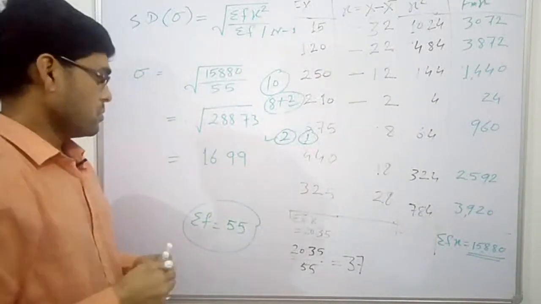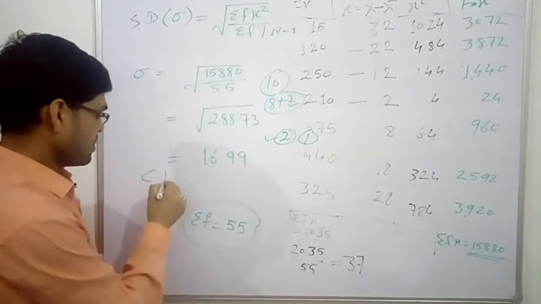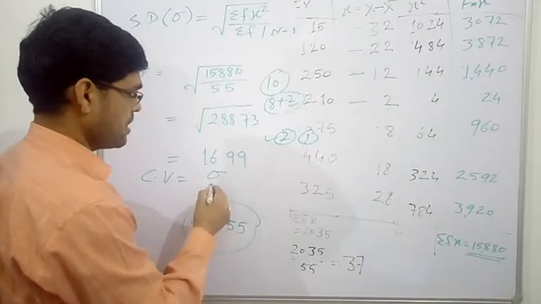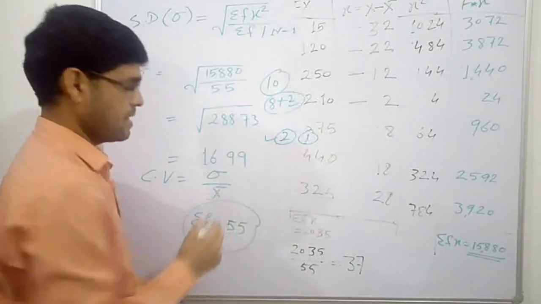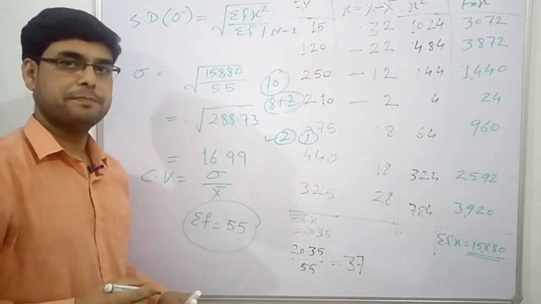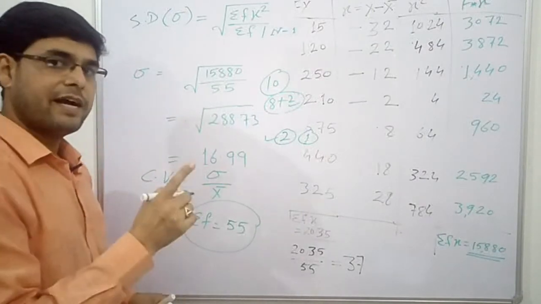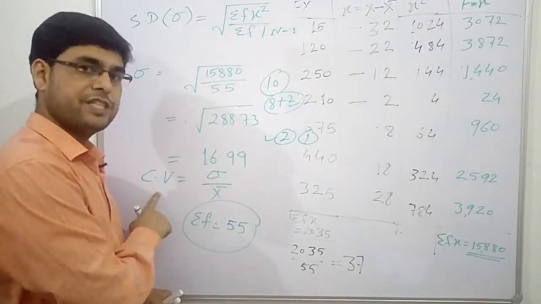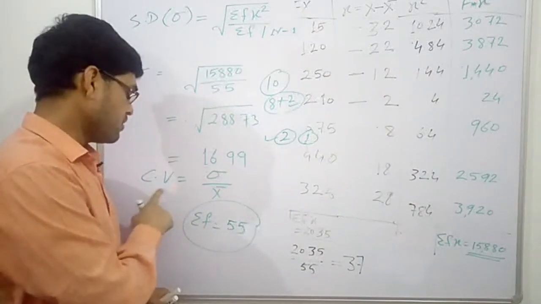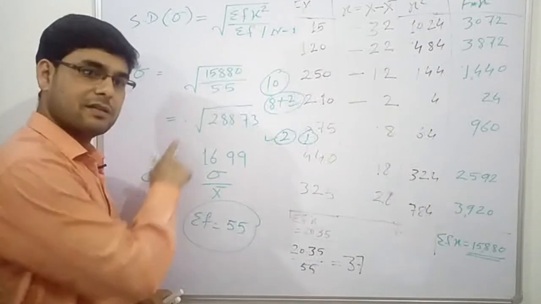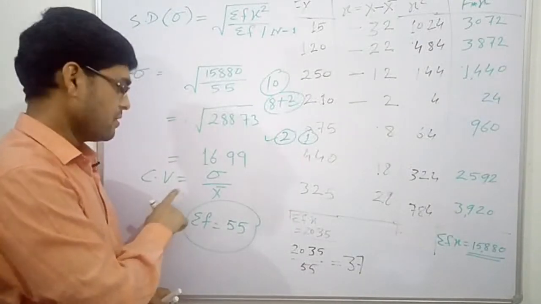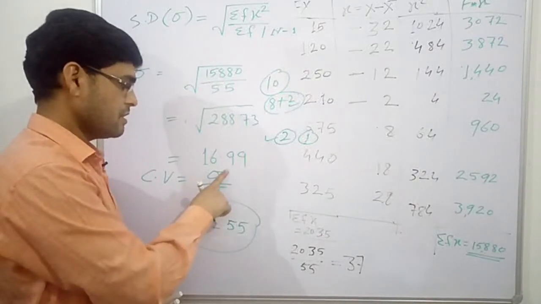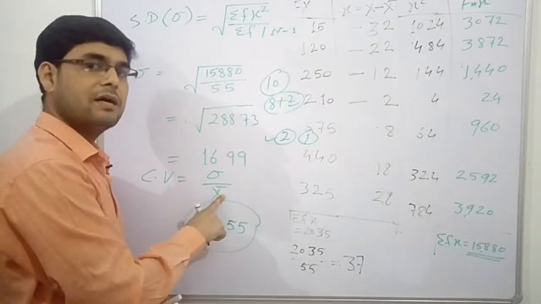Coefficient of variation, or CV, is simply standard deviation divided by mean. It is the relative measure of deviation, meaning the deviation in relation to the mean.